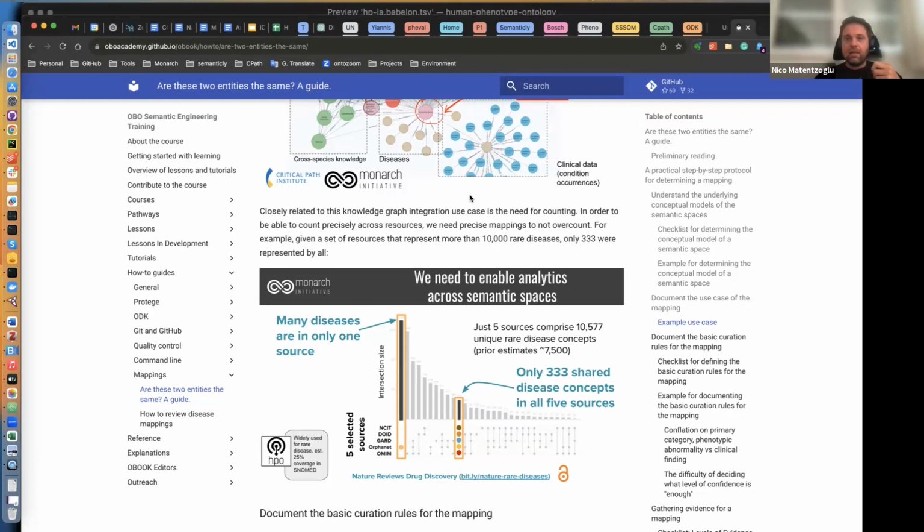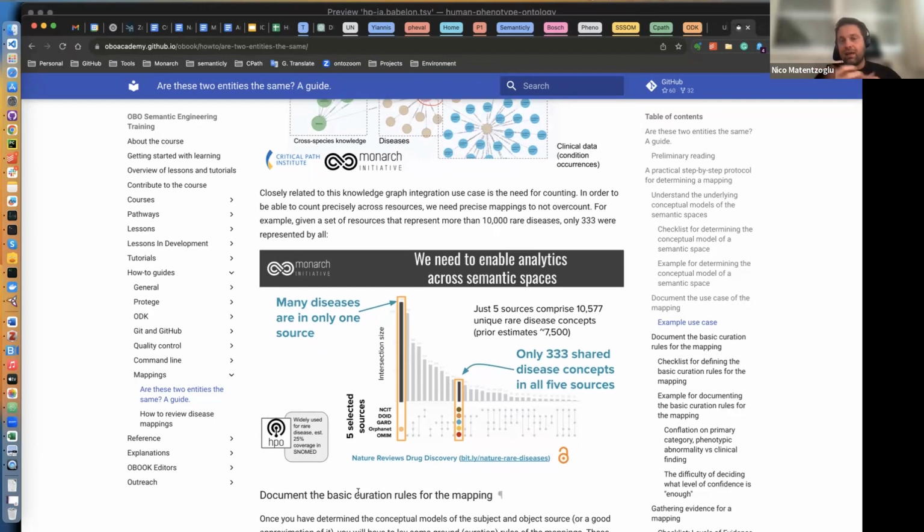Very related to that, there are some basic analytics we want to enable. It sounds boring, but a super important kind of analytic is to be able to count. For example, in rare disease, it's always a bit of a tug of war. How many rare diseases are there currently that are being documented?